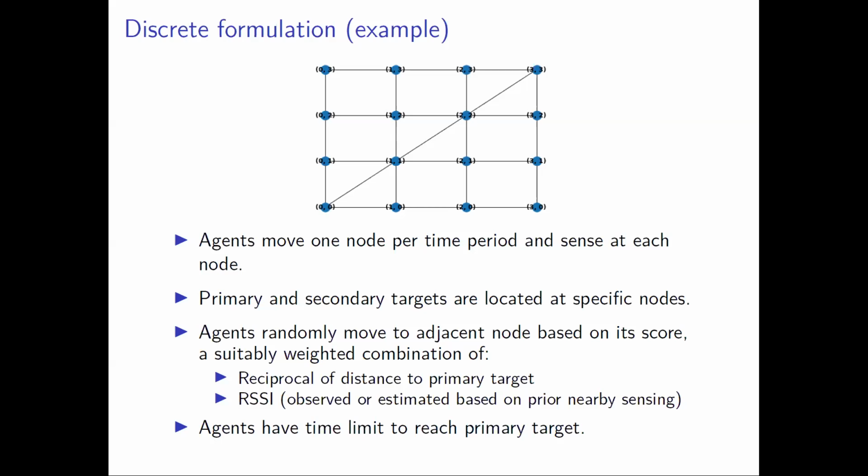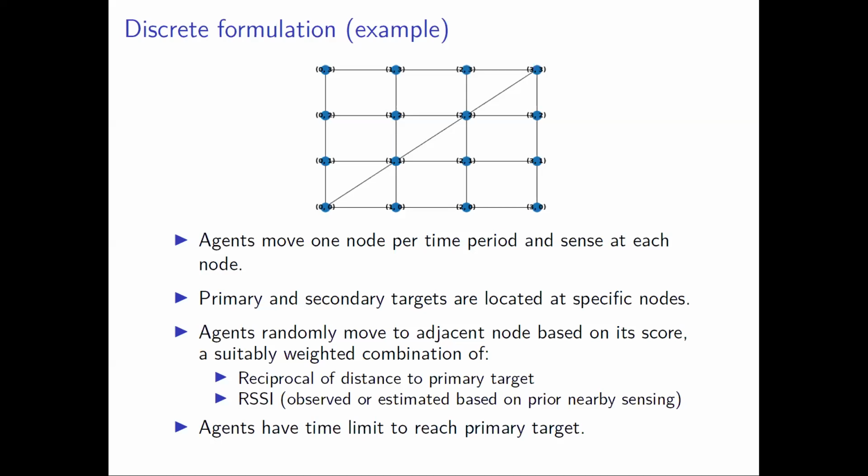We move agents to a neighboring node based on a score that we assign to that node. To calculate this score, we take two pieces of information into account in this simplified model. The first one is the RSSI, either if we've already visited an adjacent node the agent is considering moving to and that RSSI has already been measured, or alternatively, we can estimate the RSSI.